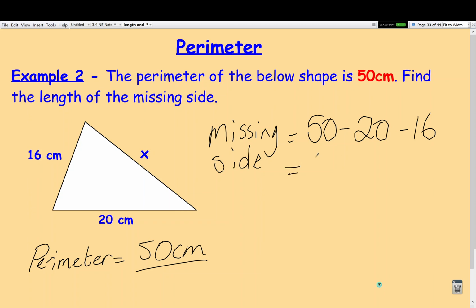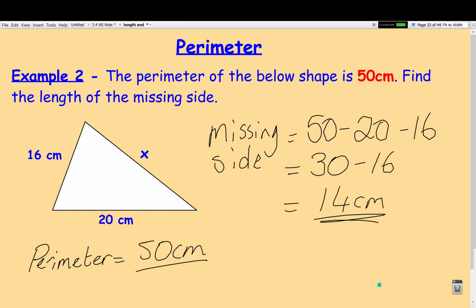So 50 take away 20 is 30, 30 take away 16. That's going to give me an answer of 14 centimetres, which I'm sure many of you were able to figure out for yourself. So that's the 2 types of questions I want us to do just now, which is just calculate the perimeter, sometimes with simple numbers, sometimes a bit bigger, sometimes with decimals, and then some of these ones where we have a missing side.